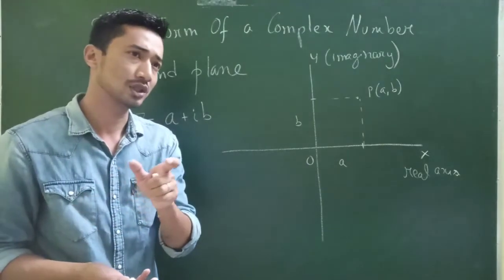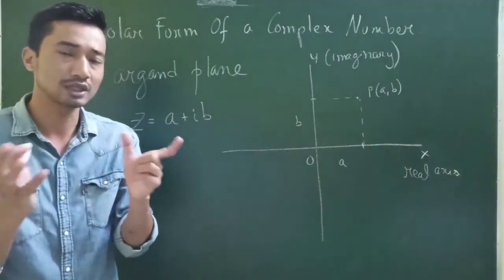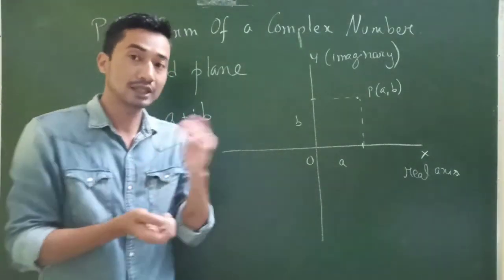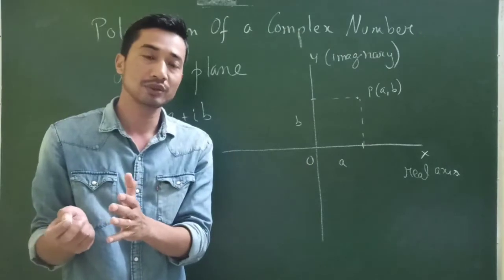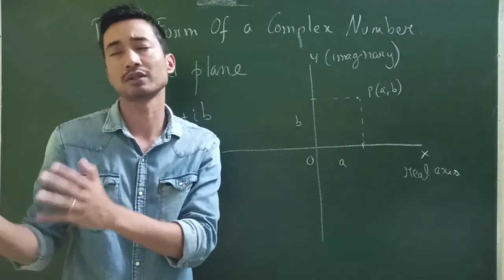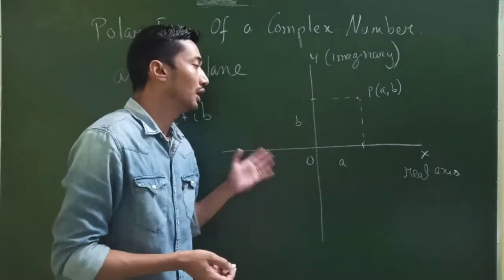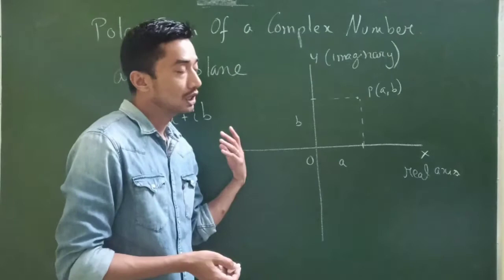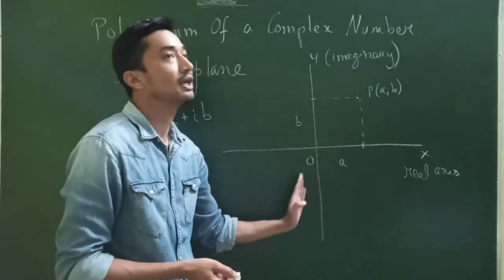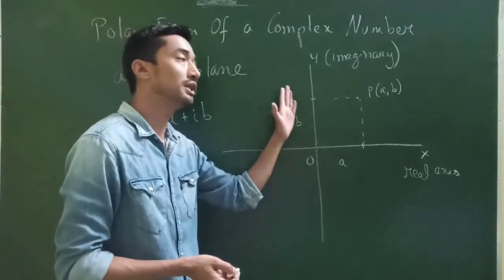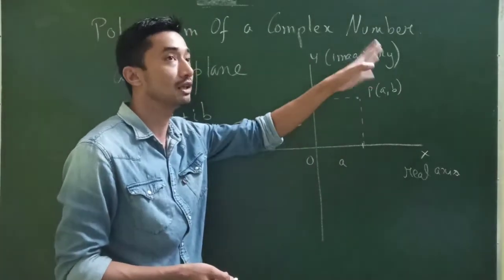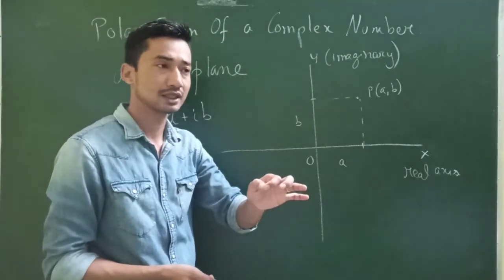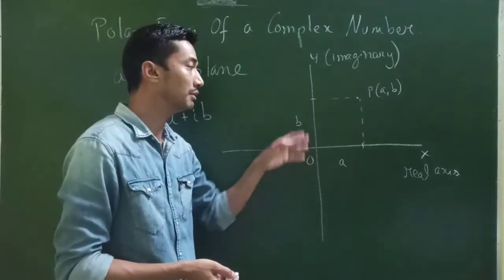The normal way that we know is to plot a point in the normal coordinate system: on the x-axis we go in the negative or positive direction, a units, and on the y-axis we go up or below b units, and then we have the coordinate (a, b). That's how to locate a point in a 2-dimension coordinate plane.